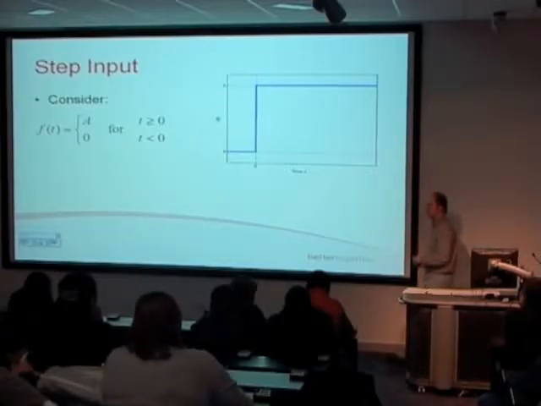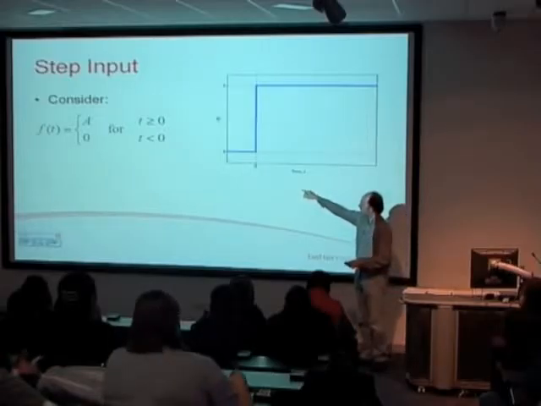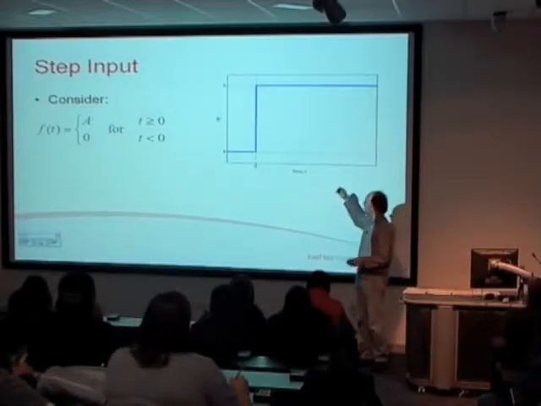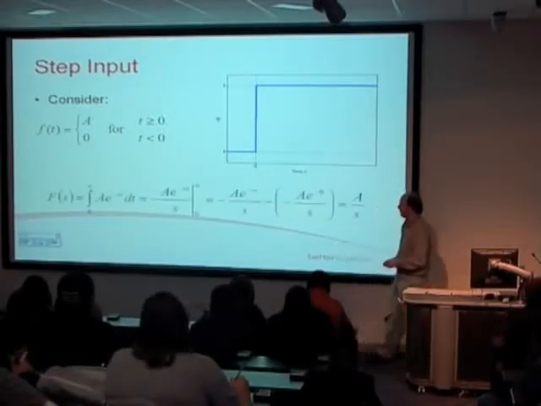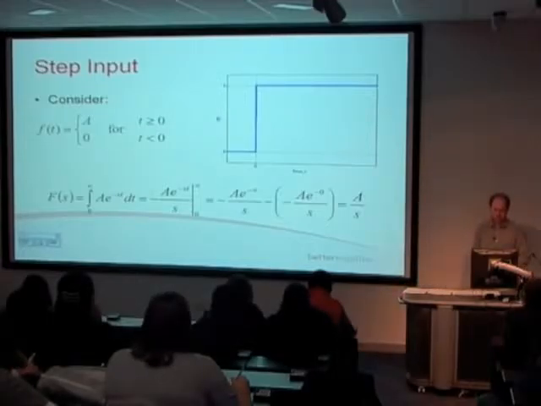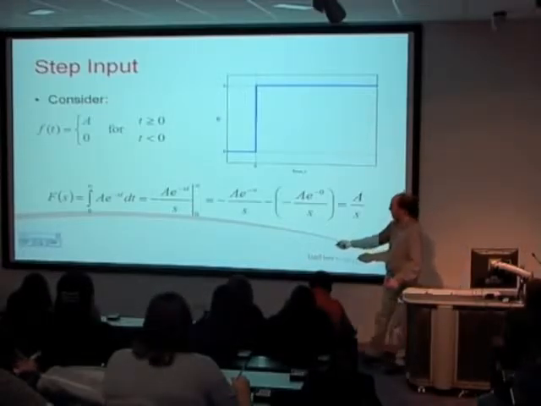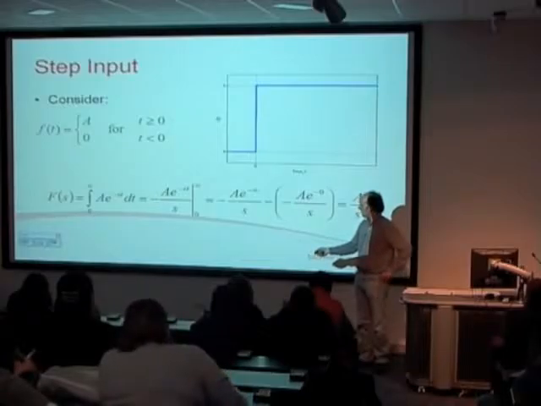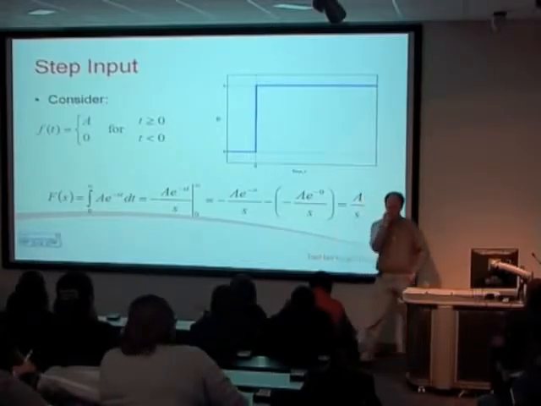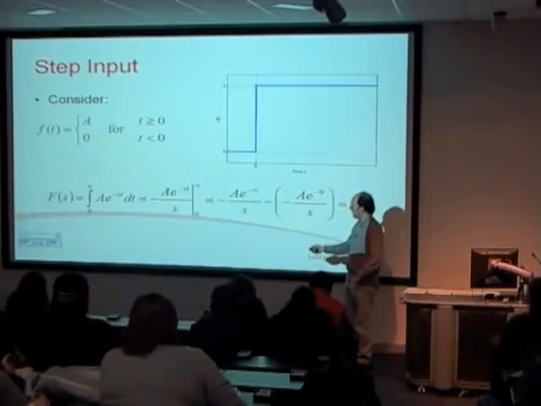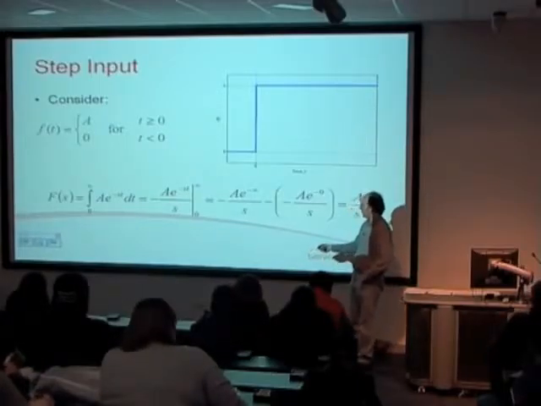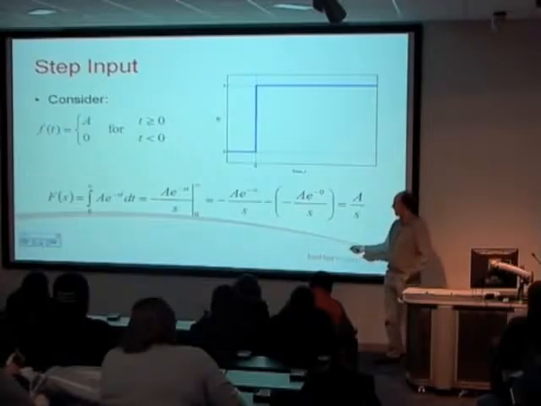Now, what we need to work out is the S-domain version of this function. So we use the Laplace transform equations. The Laplace transform we always know is some function multiplied by e to the power of minus st. So what I've done here is I've taken the integral of e to the minus st, and you end up with minus e to the minus st upon s, between 0 and infinity.